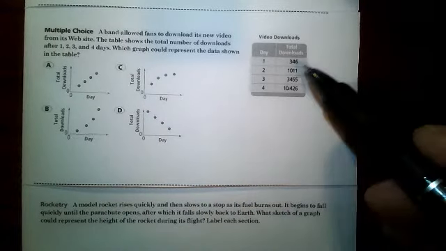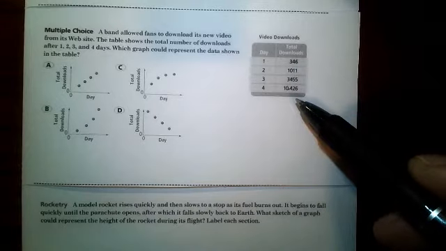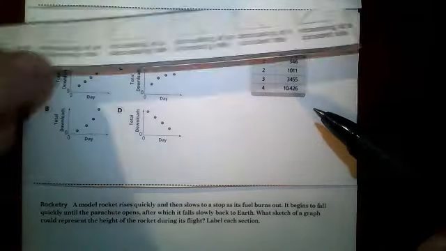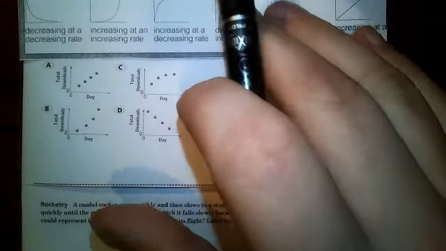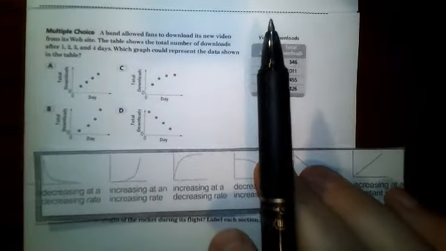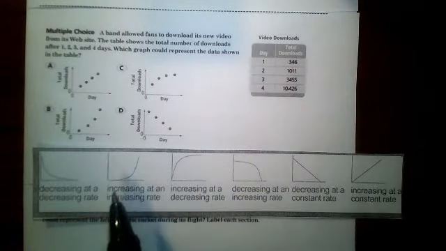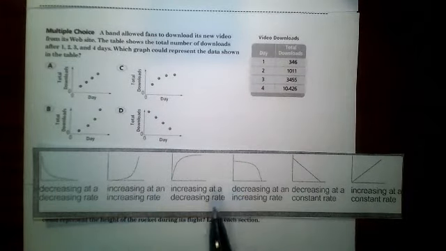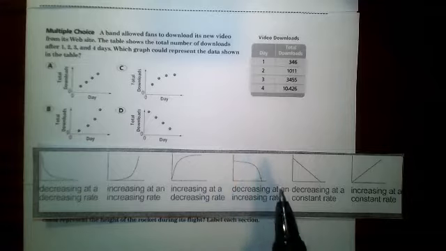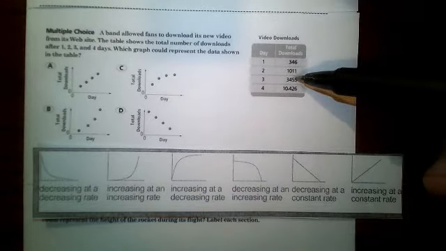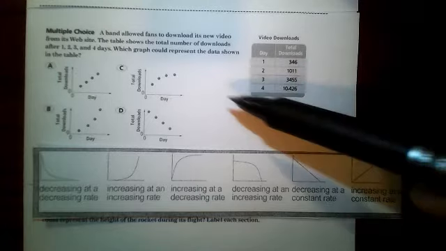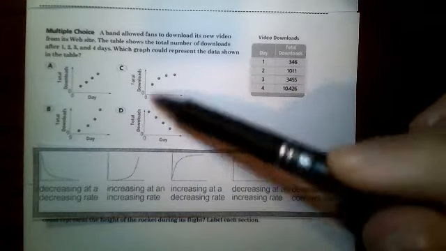So let's look at the way that this is increasing, because we have all of this vocab in our chart here that shows what a graph looks like, and it's all talking about rate. A decreasing rate, an increasing rate, a constant rate. So if we can find the rate that this is increasing, we can figure out which graph it's supposed to look like.